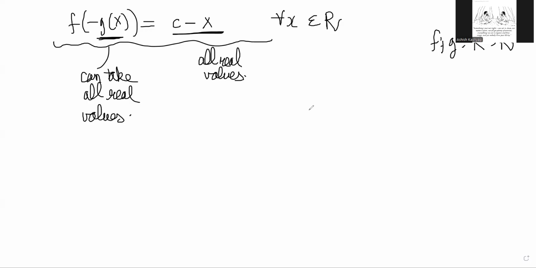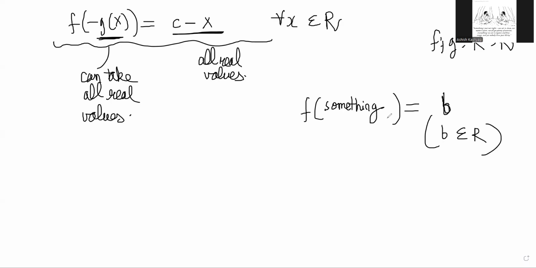So this implies that f of something is equal to b, where b can be anything in the real, anything in the codomain. So you always get some input such that f of something is equal to this. That immediately means that f function is surjective.